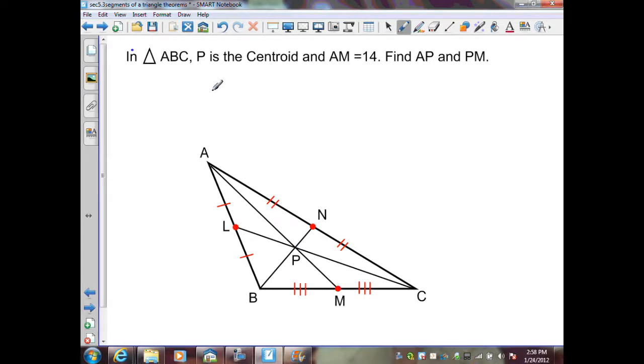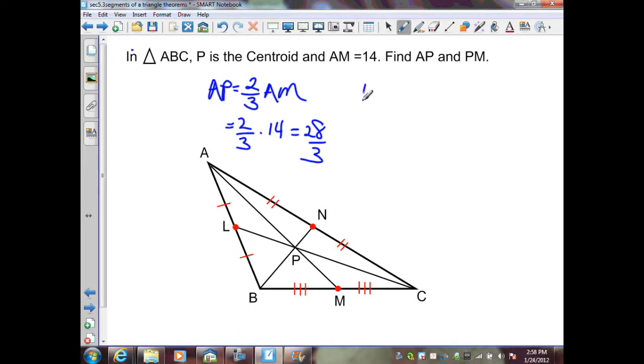Therefore, AP is equal to 2/3 AM. Now I just substitute in. AP is equal to 2/3 the length of AM, which is given to be 14. Therefore, the length of AP is 28/3.